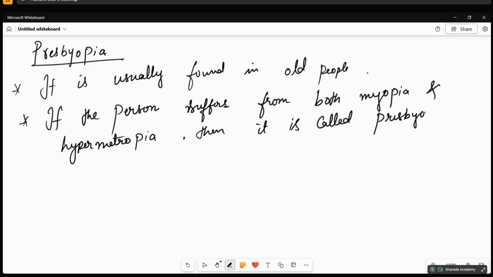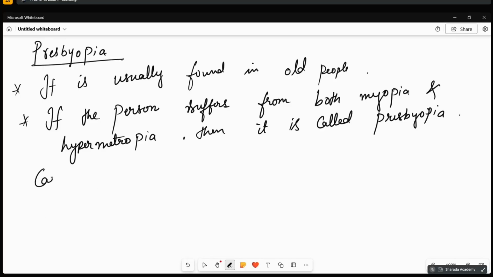So when both hypermetropia and myopia are there, that condition or problem we call presbyopia.